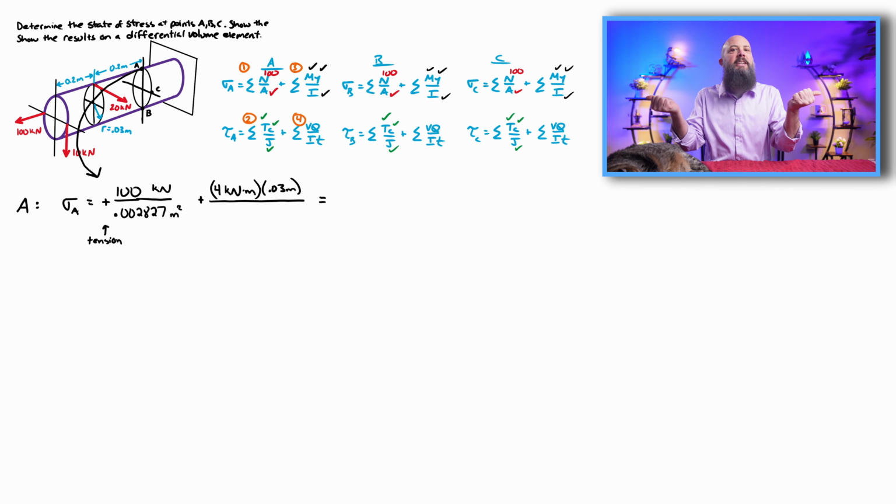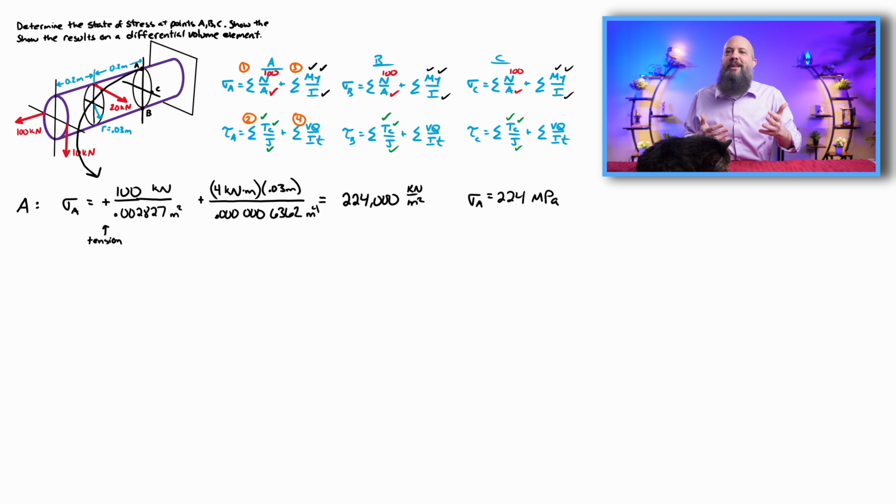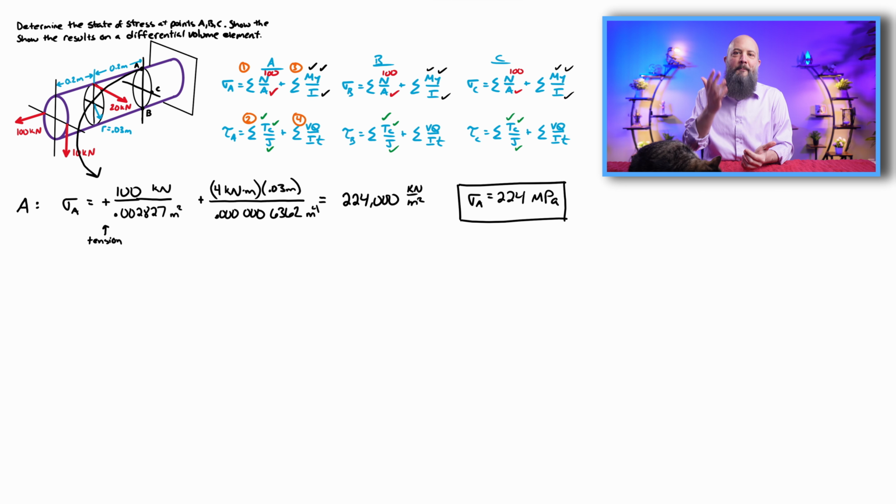That's positive in tension. And the bending force that's happening, since the bending is downwards, the top at point A is also in tension. So both of these stresses get added together, and we get 224 megapascals tension, normal stress for point A.